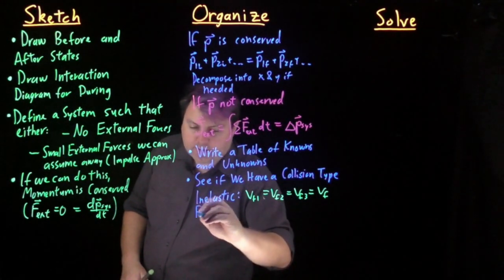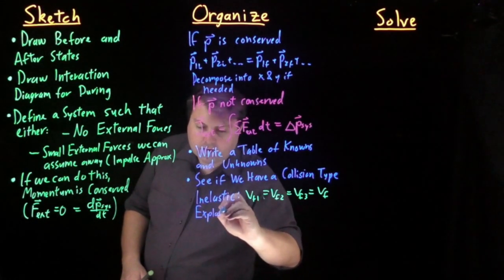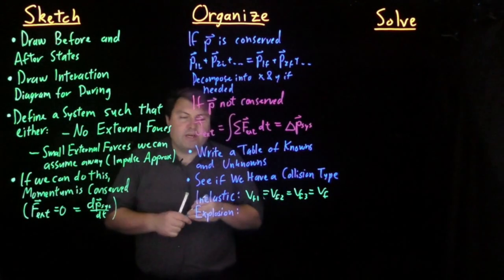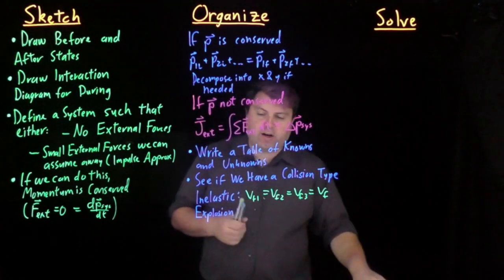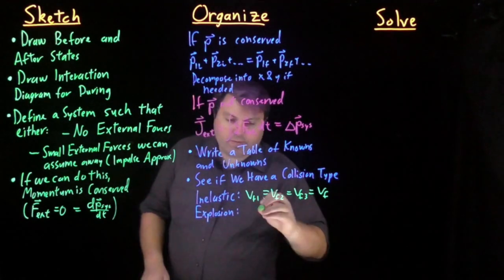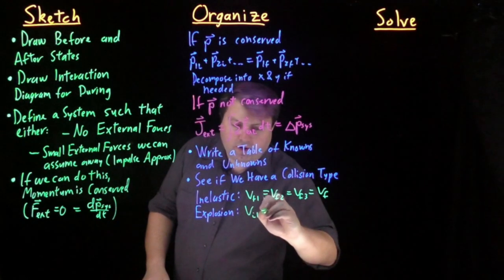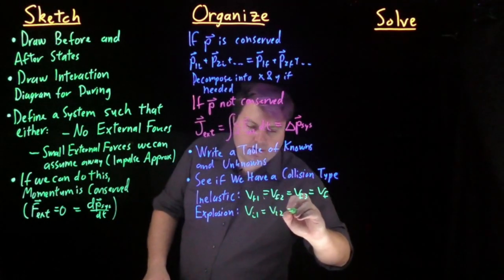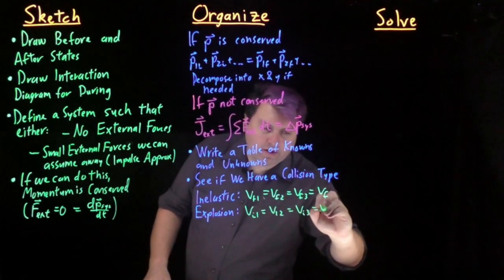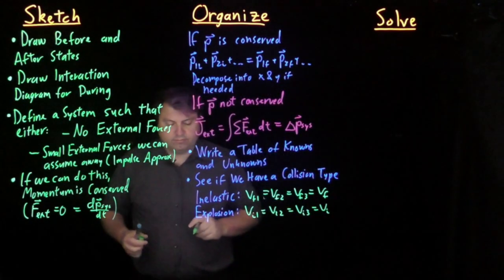If we have an explosion, we are saying that all of our objects are actually together. So we are saying that the initial velocity of 1 is equal to the initial velocity of 2 is equal to the initial velocity of 3 is equal to an initial velocity.